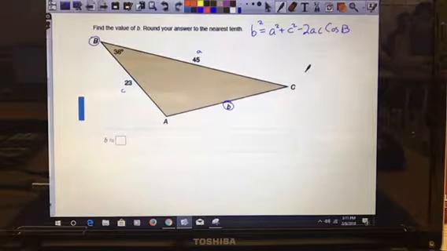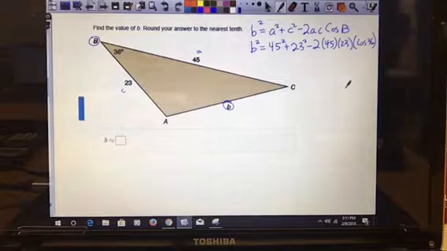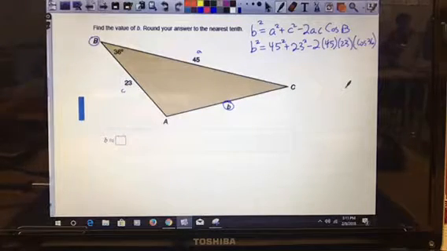So B squared we're going to leave. A is 45 squared. C, little c is 23 squared. Minus 2 times 45 times 23 times the cosine of 36. What's nice about these calculators is it can go right into the calculator. I can put the whole thing in.